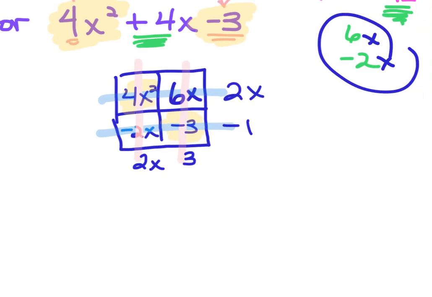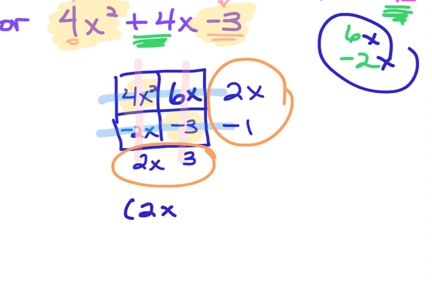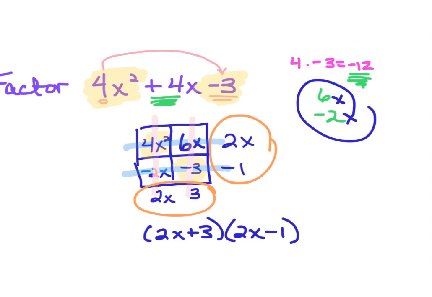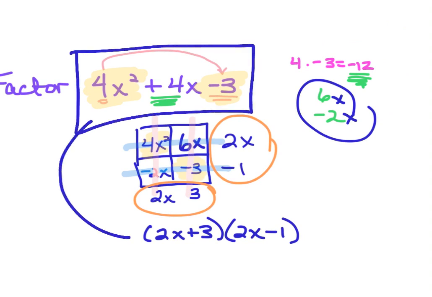And so my answers here are taken from those GCFs, and I have 2x plus 3 from the bottom and 2x minus 1 from the side. And so that's how you use the box method to factor this.